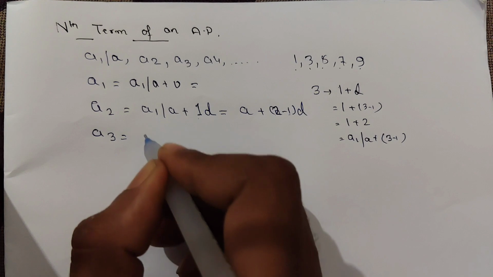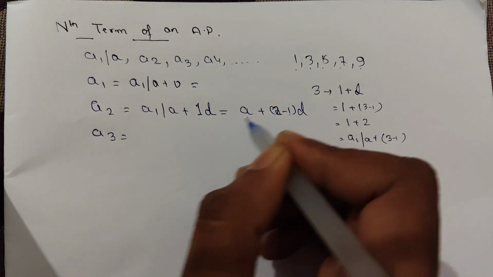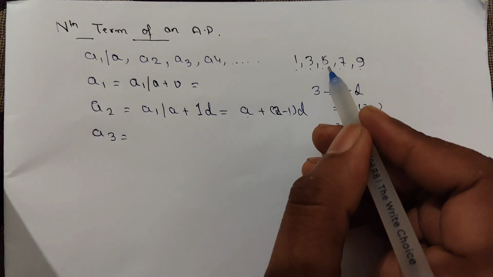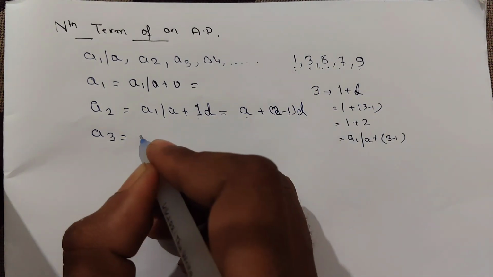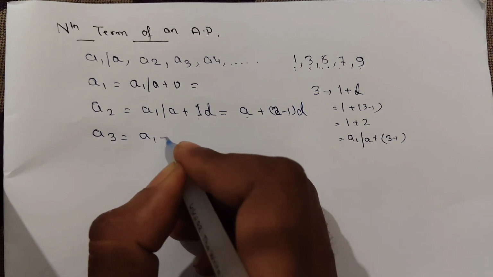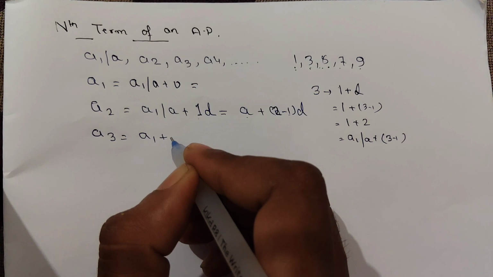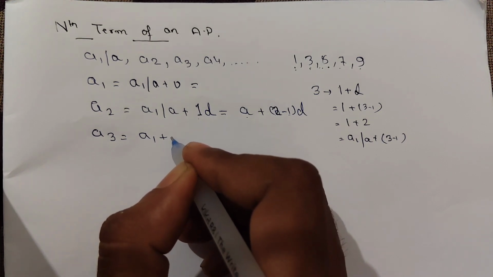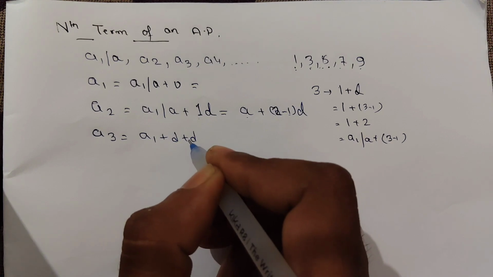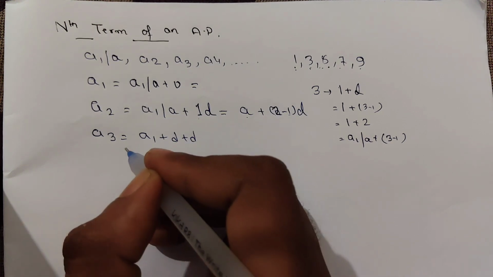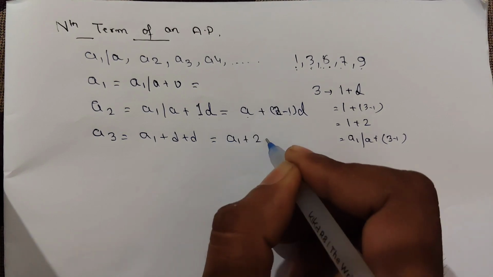Now A3, what to write? Sir, every time you write with respect to A. A3 means in A I have to add this 2. So A3 means A1 plus D plus D, two times I have to add D. So it will be A1 plus 2D.